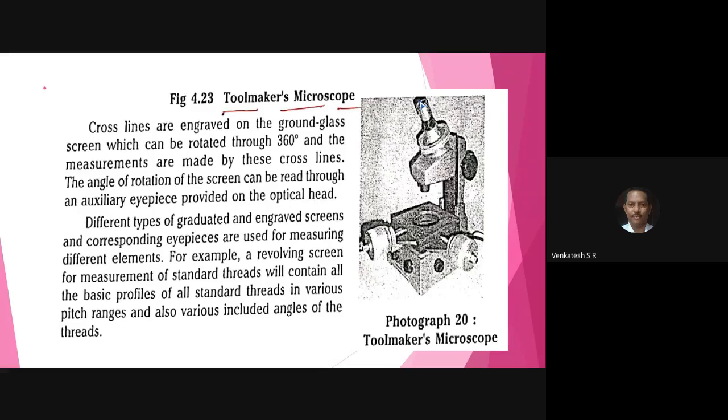And the limitations. The instrument is very precise and robust, and you cannot use it for big-size work. That's one limitation. And there will be chances of misplacing the bolt or thread on the table, and the movement of the eyepiece is very slow.